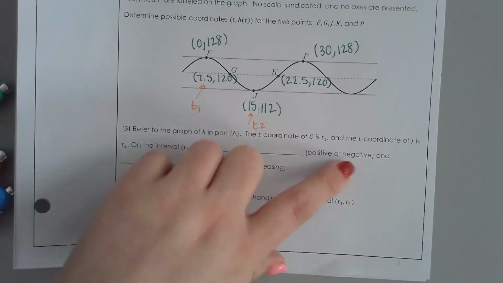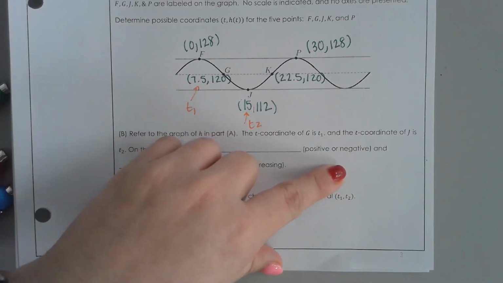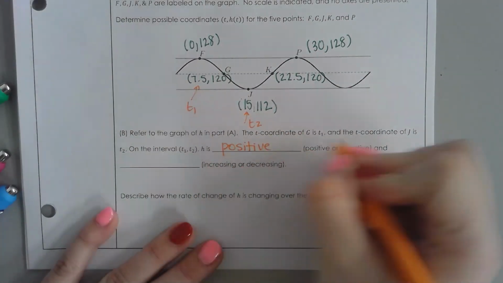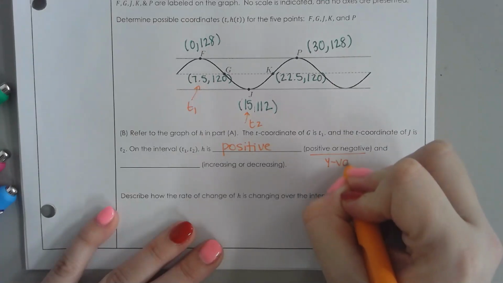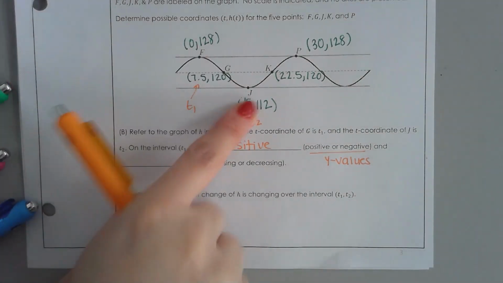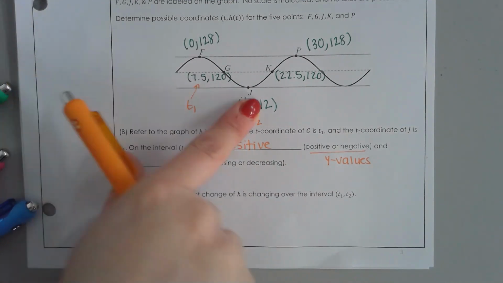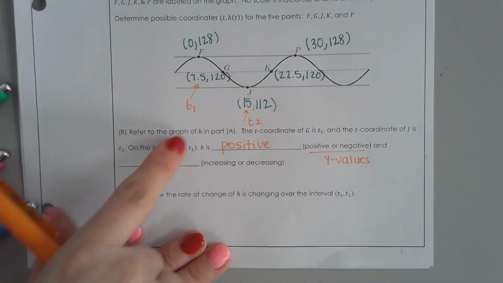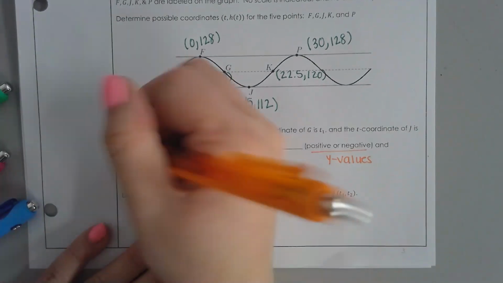Are my y values positive or negative? Positive. When it's asking if a function is positive or negative, it's asking if it is above the x-axis or below. From here to here, y values are positive. Is my graph increasing or decreasing from G to J? Decreasing.